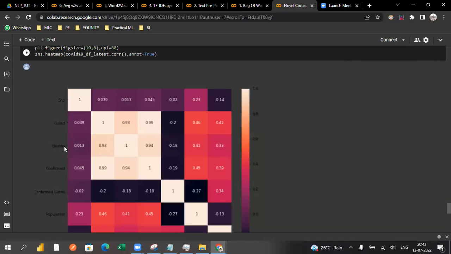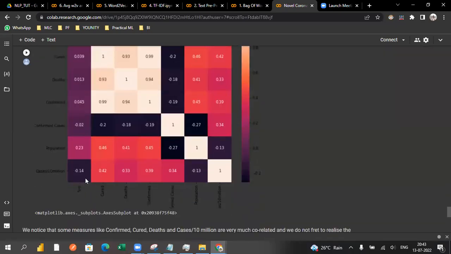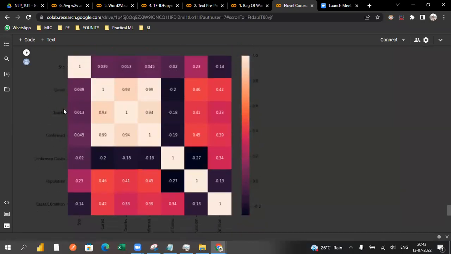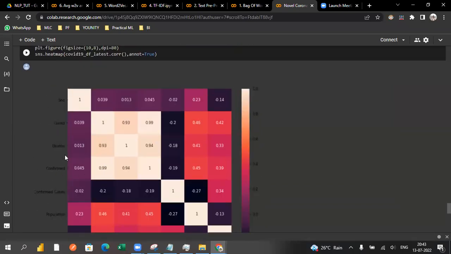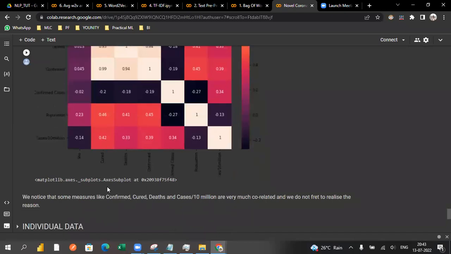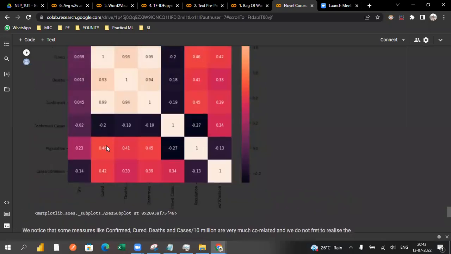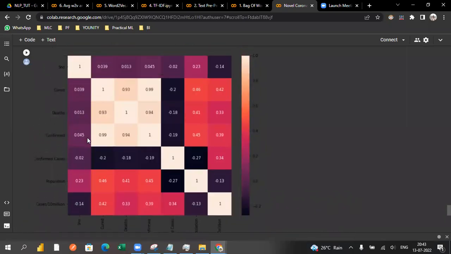That means it is slightly dependent on this one, cured persons and also death persons, along with confirmed cases. Whenever some patient is confirmed, we notice that they have already died. And whenever some person is cured or confirmed, he is also dead.